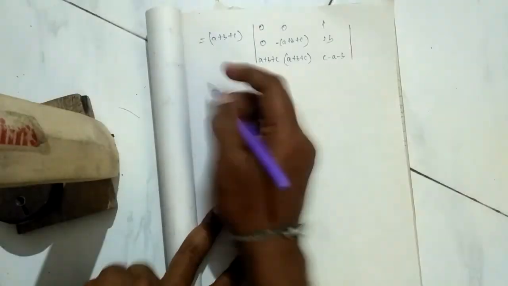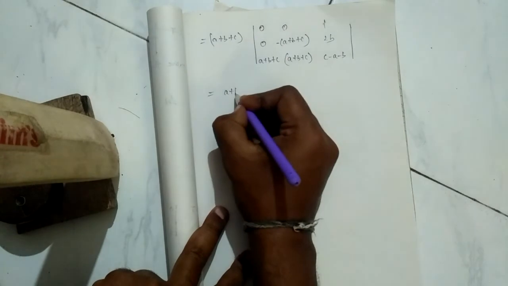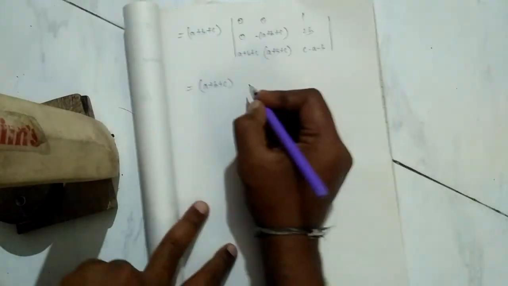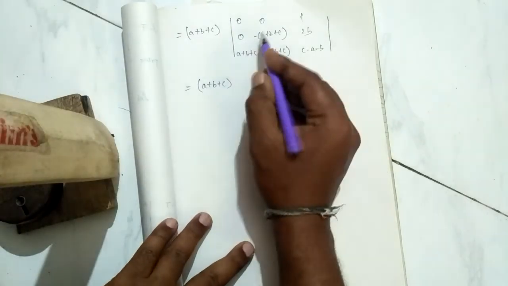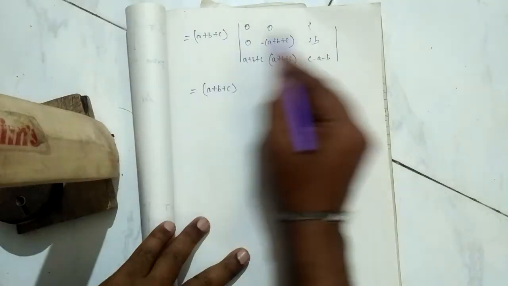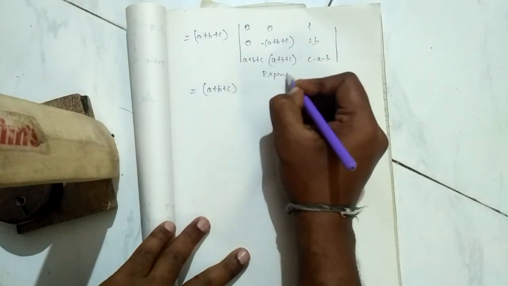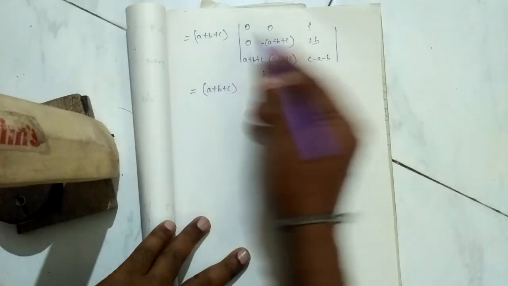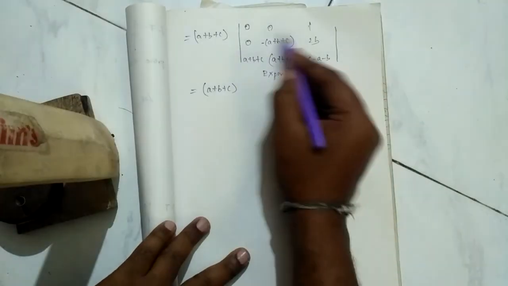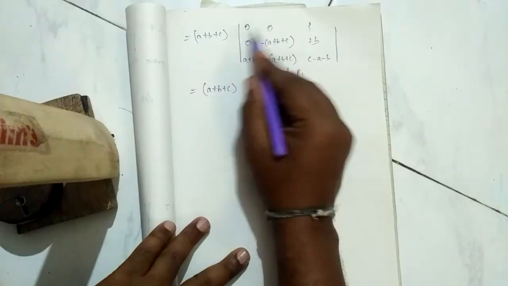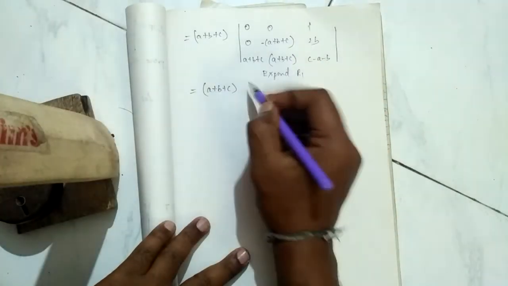Okay, so now what you do, A plus B plus C is as it is. Now expand row 1, row 1 alone. If you expand row 1 fully, what will happen? In that only these two elements are 0, so leave these two elements, only one is valid.